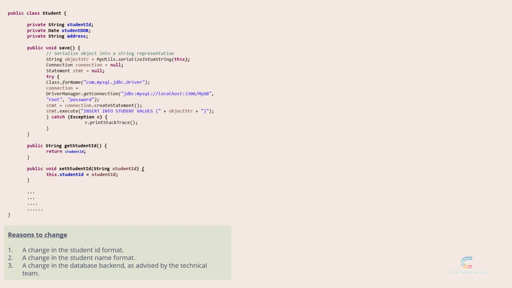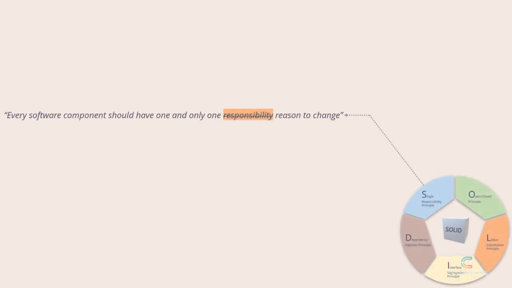What does the single responsibility principle say? The new definition: every software component should have one and only one reason to change. Why? What's the problem if our class has more reasons to change? If a software component has multiple reasons to change, then the frequency of changes to it will increase.